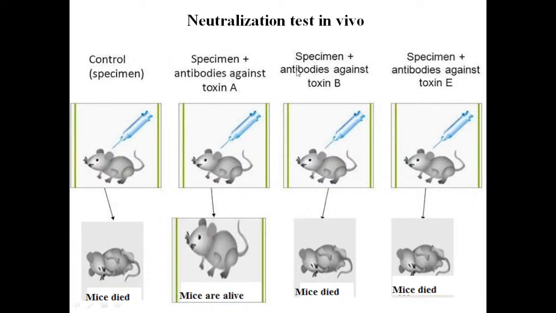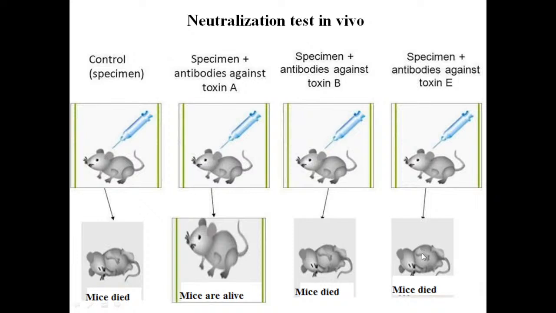It means that in the specimen it is not toxin B, that bacteria don't produce toxin B. And in the fourth group, we inject the specimen together with antibodies against toxin E. Mice also died.